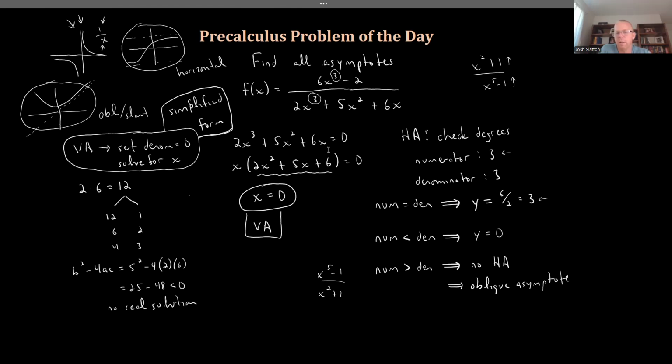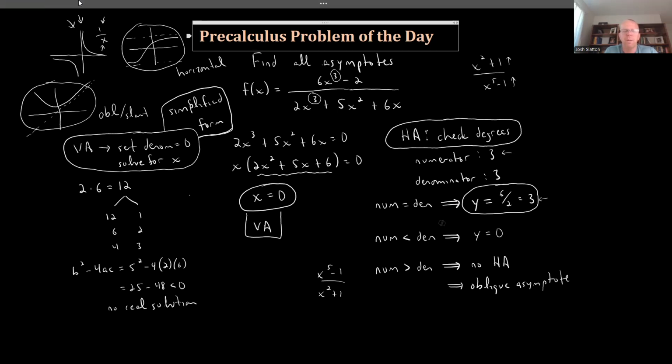And then for the horizontal asymptote, check the degrees and compare the degree on top with the degree on bottom. In this case, they're equal, so we have a horizontal asymptote of y equals 3. Okay, this is a little bit of information. These are not super hard as far as the math goes.